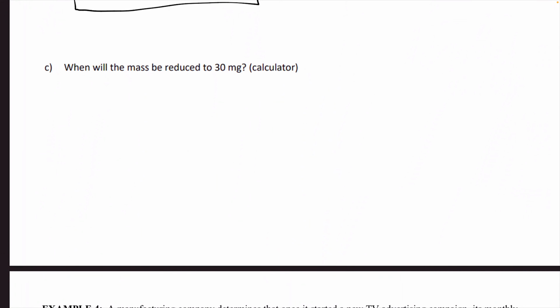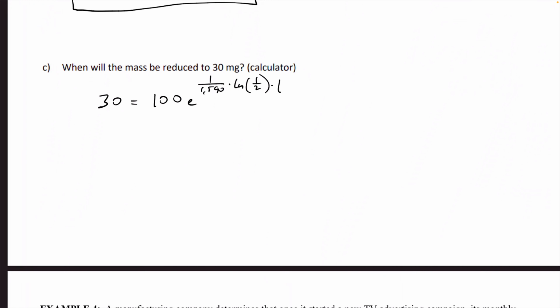So 30 equals this guy here: 100 e to the 1/1590 times natural log of 1/2 times t.